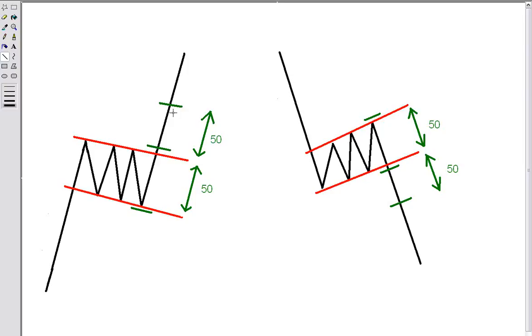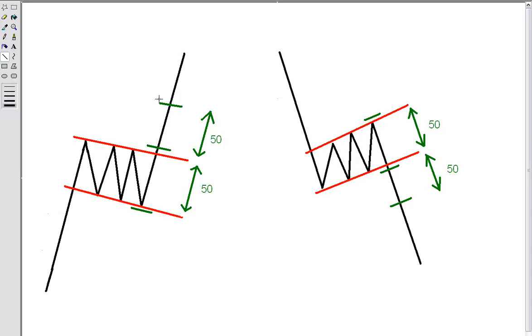What you then need to do is measure your profit target, and your profit target is the same distance as between the top consolidation line and the bottom consolidation line. So let's say, for the sake of argument, that is 50 pips, as I've put here. Then you simply take your measurement tool and measure 50 pips from the top trend line, or just a few pips inside it, actually, just to not be too greedy, and measure 50 pips in the upwards direction.